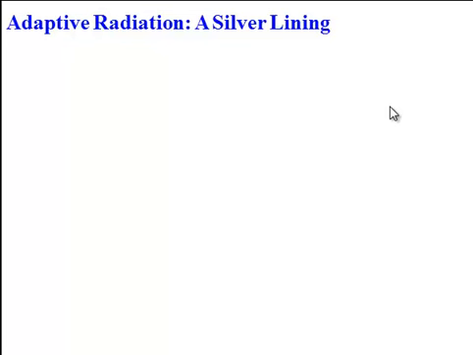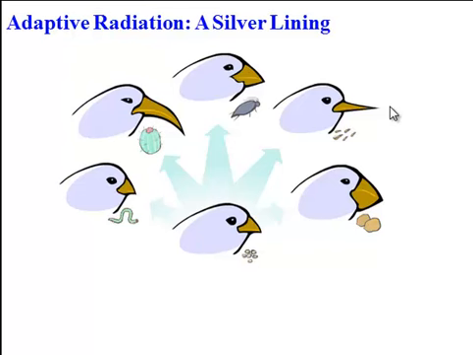The silver lining to extinction events is that it can lead to speciation through a process known as adaptive radiation. In adaptive radiation, we have one common ancestor, and let's say that there's a major environmental change that wipes out a lot of different organisms. Well, that's going to open up many new niches for this population to exploit.